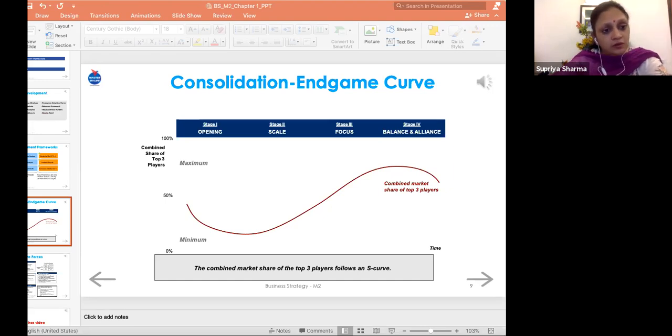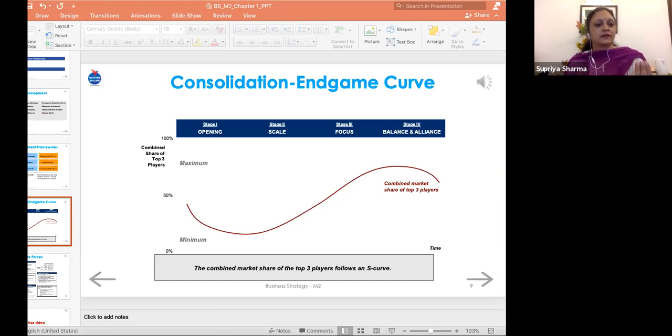From 2000 to 2020, if you want to see 20 years, you will understand this consolidation endgame curve. Try and research about it. Try and see how now, at this point of time, when we are into balance and alliance, if we look at the telecom industry, there are only 3 players left in the market.